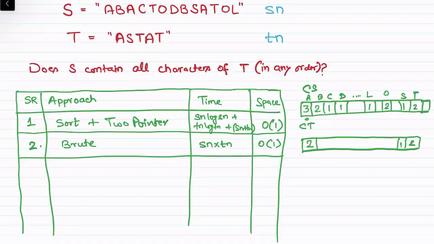So here we take two count arrays. We fill the CS array, then we fill the CT array. Once these arrays are filled, we can compare both arrays, and the comparison should ensure that every character in CS of I should have count greater than or equal to the corresponding character count in CT. If this holds for every character from A to Z, then we can say that all characters of T are covered in S. If we take this idea, let's call it two count arrays.